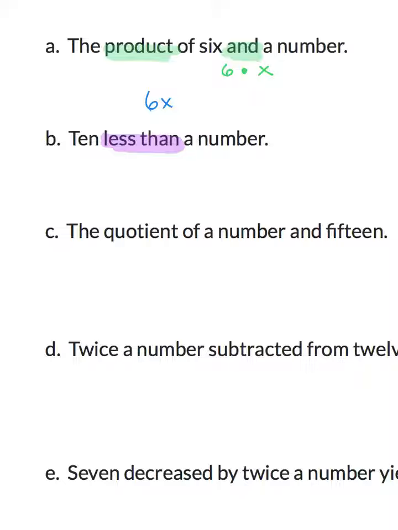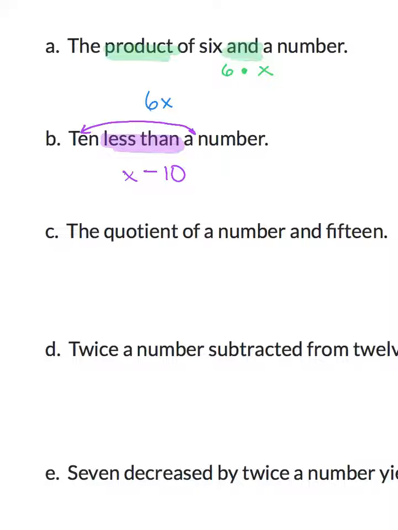So what does that mean I want to do? That means I don't want 10 minus, but I want something minus 10. So I want to kind of move these two things around the negative sign. So we're going to have x minus 10, and we're done.